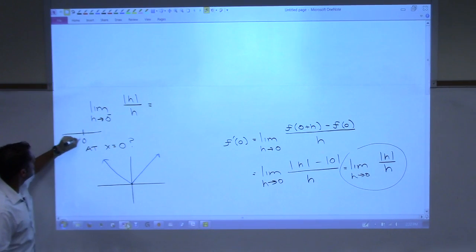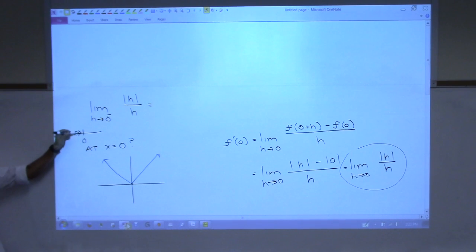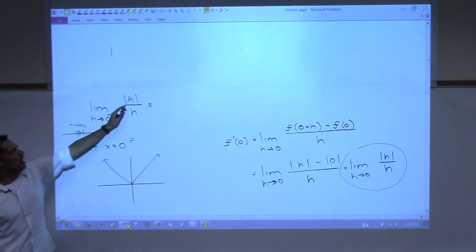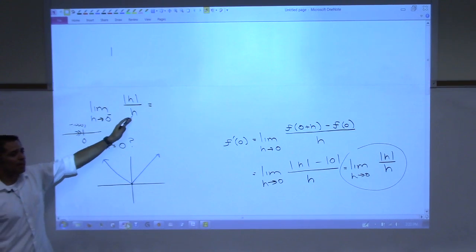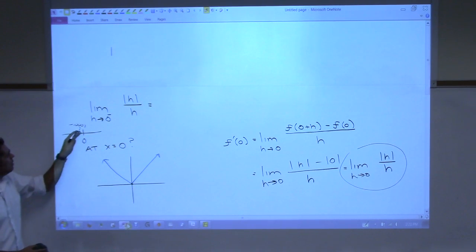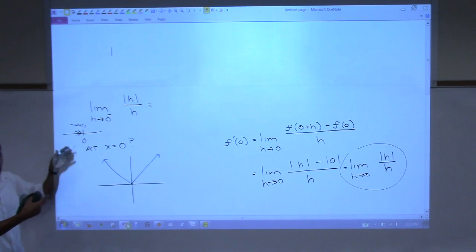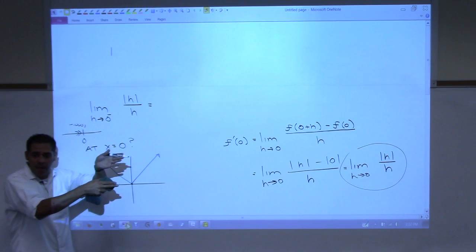Here's 0. You're coming in this way. You've got a tiny little negative number, right? Negative 0.0001. You plug it into the top, it's going to spit that number out positive. You plug it into the bottom, it's going to spit out that number, but it's negative. So you have the same number, just off by a sign.